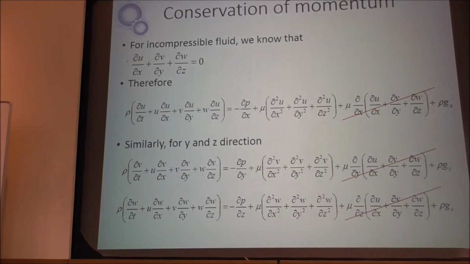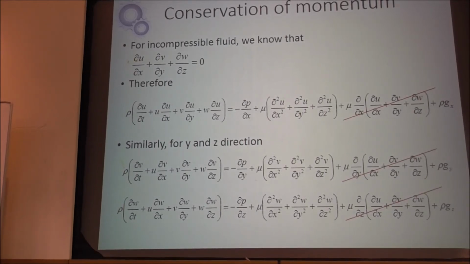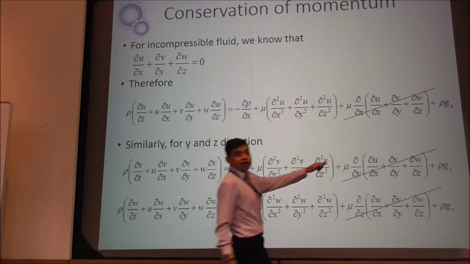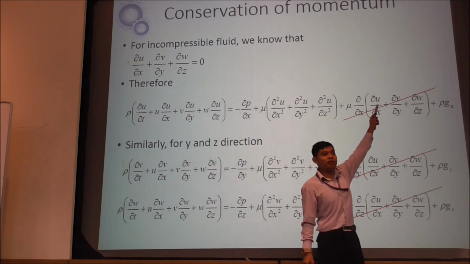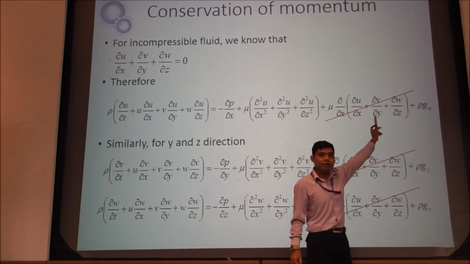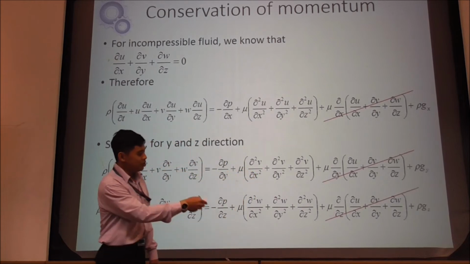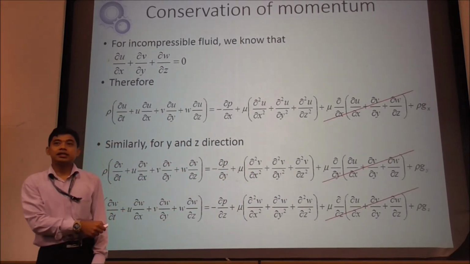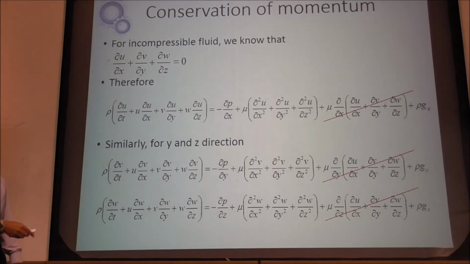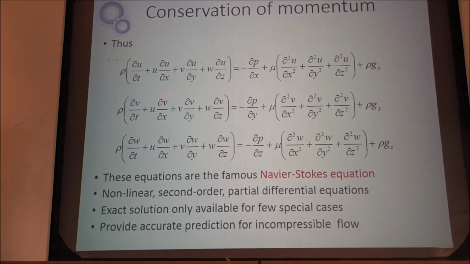And the good thing is, if you deal with incompressible fluid, I hope you still remember, for incompressible fluid, du/dx plus dv/dy plus dw/dz is equal to 0. Good thing to know. So this one will be cancelled out. So you end up having a much simpler equation that is commonly called the Navier-Stokes equation.